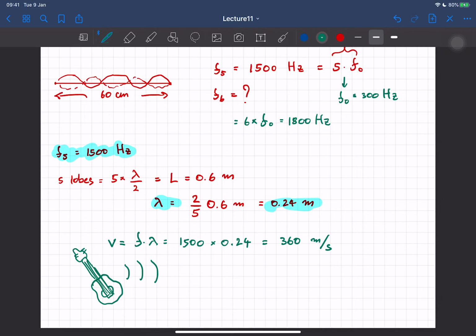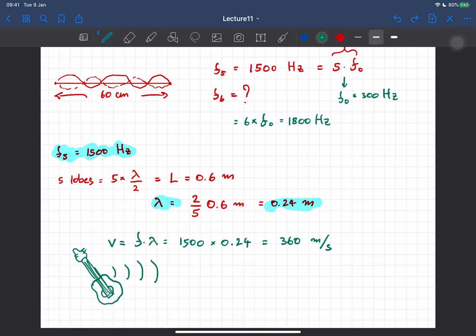But that vibration of the string interacts with the air molecules around it, and that produces a sound wave that propagates from the guitar, and that's another wave. So there are two waves going on here, the one inside the string and the one coming out from the string through the air.